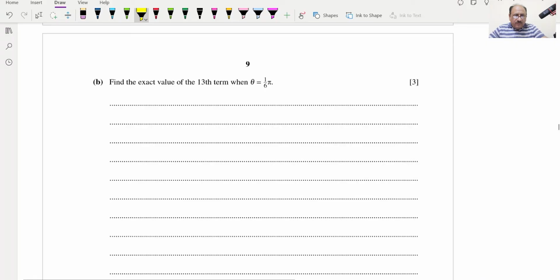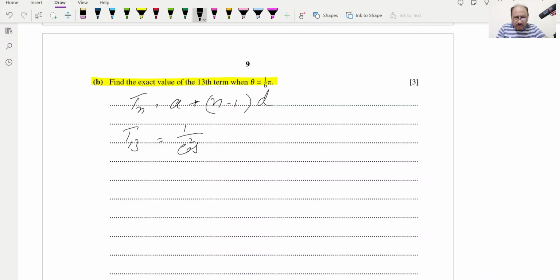And then for B part, they are saying find the exact value of the 13th term when theta is equal to pi by 6. So Tn will be equal to a plus n minus 1 into d, and the 13th term will be equal to a value is 1 over cos square theta, and n is 13, so 13 minus 1, and d is what? Minus 1 over cos 4 theta.